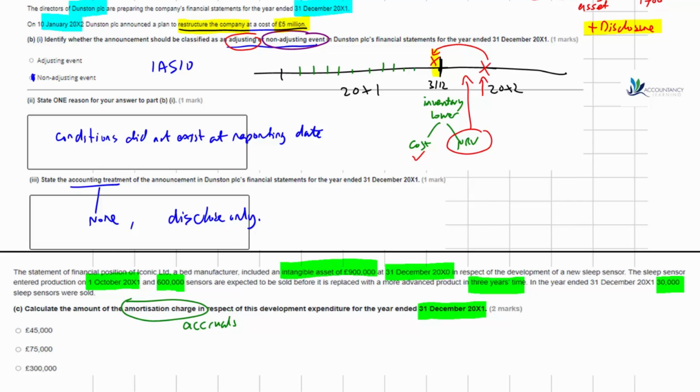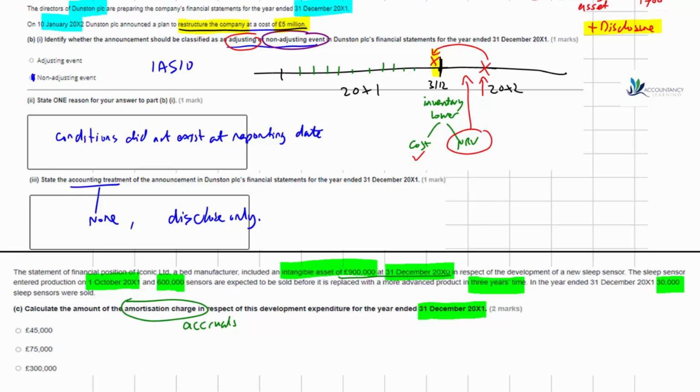So in this particular case, we spent the money, and that's £900,000 on the 31st of December 20X0, but we need to show that cost over the life of the benefit of that asset rather than at the 31st of December. We don't really care when the cash was spent.